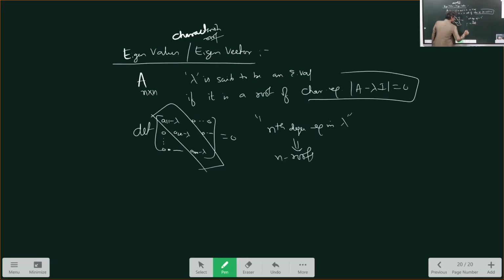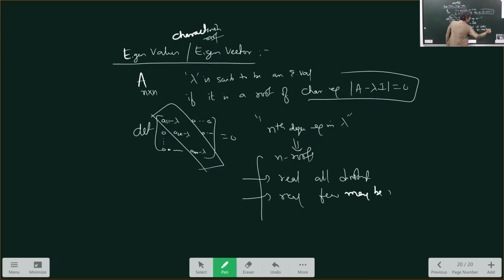So these roots may be real and all distinct, or few may be repeating, and few may be complex numbers.